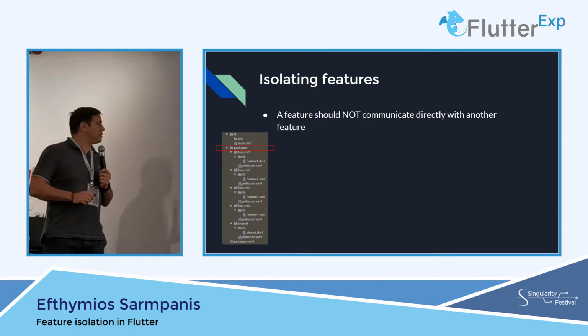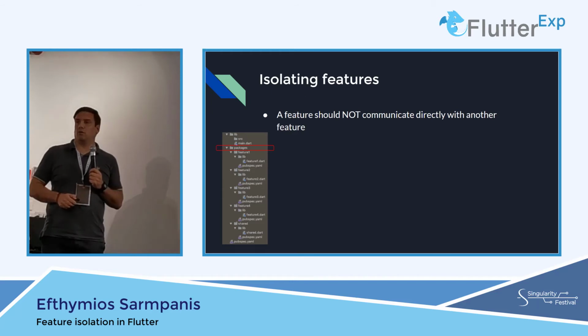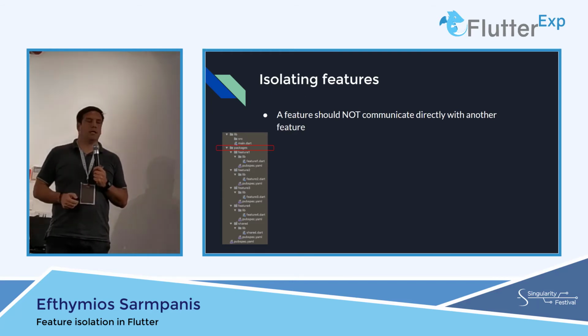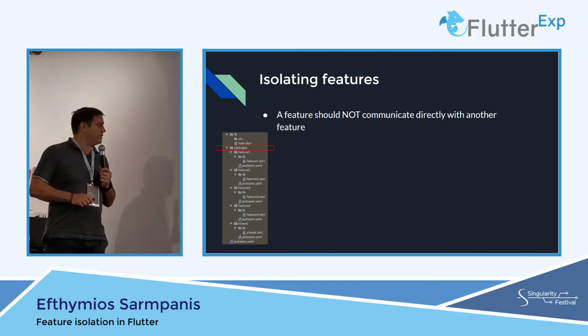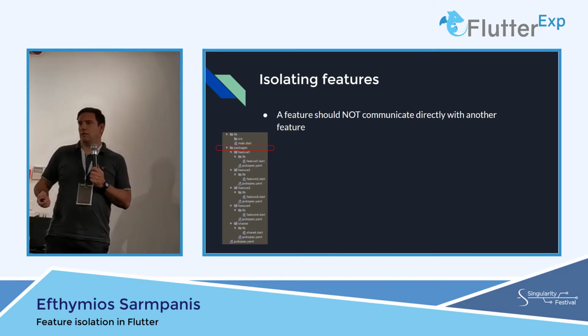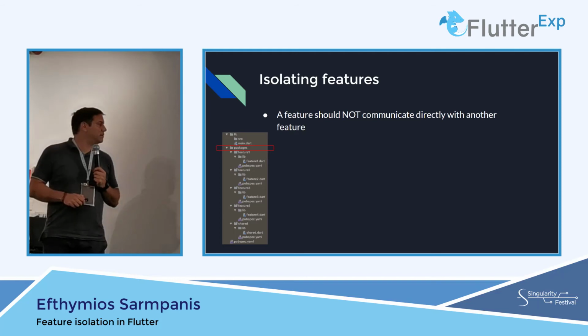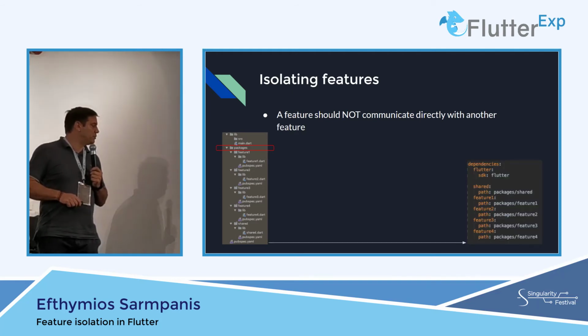If we do something like that, we can enforce that feature 1 has no dependency on feature 2 through its pubspec. We can even automate that through our CI by just parsing the pubspec.yaml against a white list of dependencies that the features might have. So the root pubspec looks something like that.